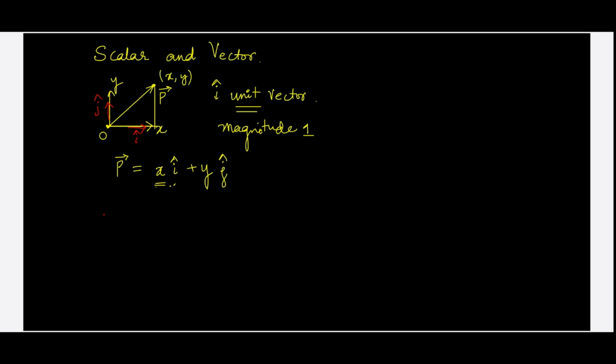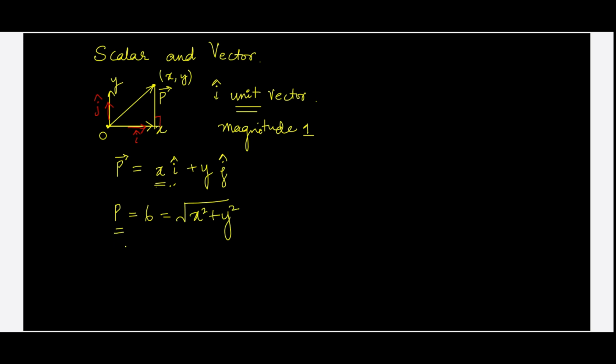So let's say P has a length of 6 units. Since this is a right angle triangle, the length of OP, which we'll call P, is 6 units. This should be equal to the square root of x square plus y square.